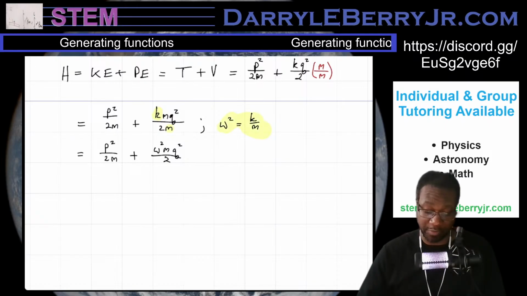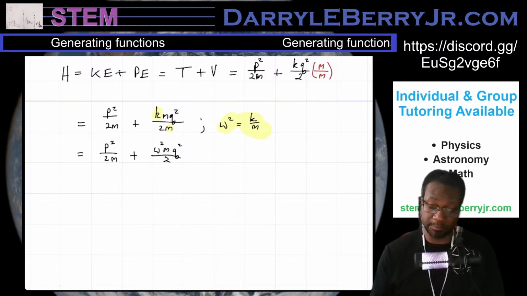So we're left with omega naught squared M Q squared over 2.